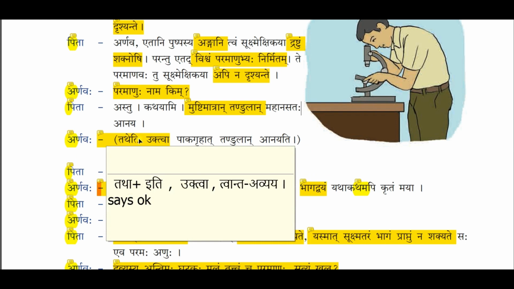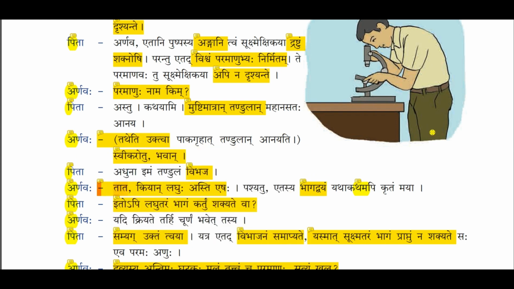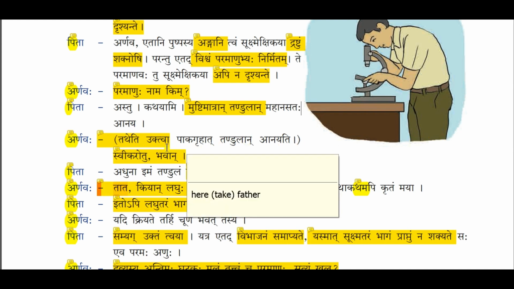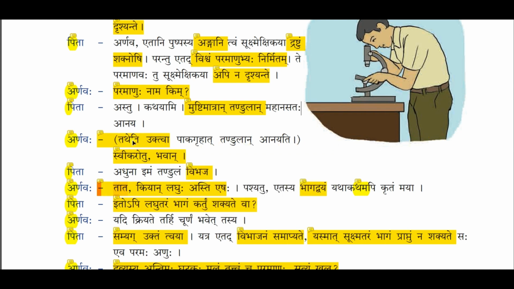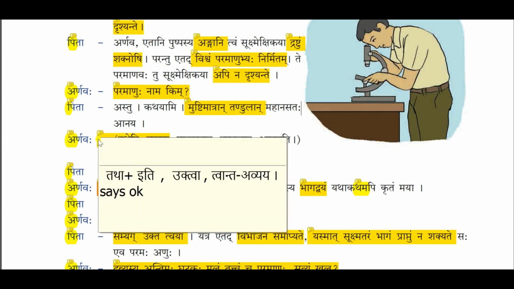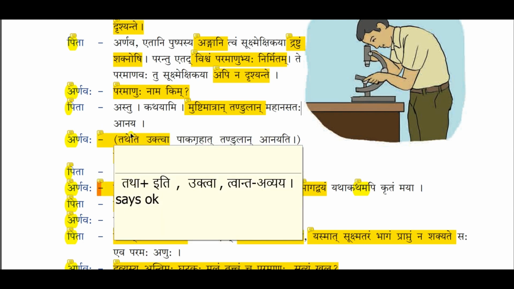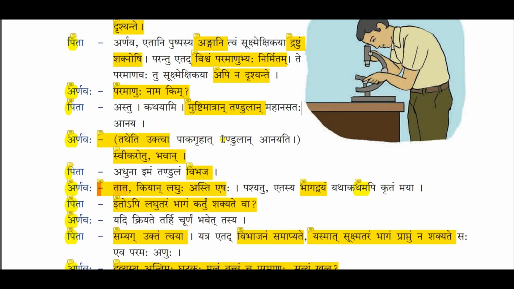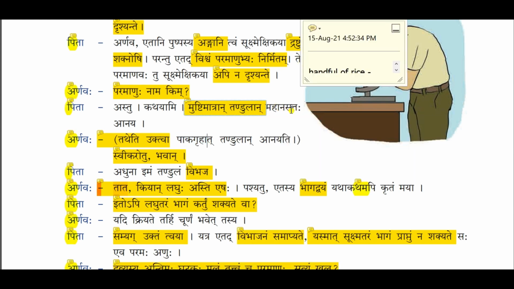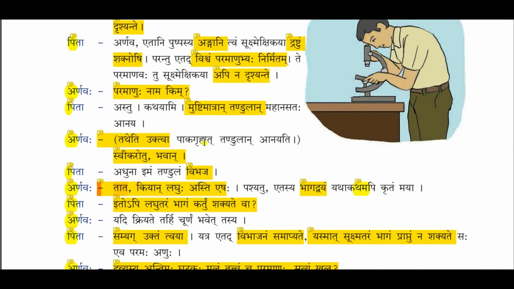Arnavah tatha tatheti uktva. So what did Arnab do? Tatha iti uktva, tatheti. Tatheti means okay, uktva means saying, and tatha iti means okay. Pak gruhat, from kitchen. You can see mahanasata is the same meaning; Mahanas is a synonym word. So pak gruhat means from kitchen.